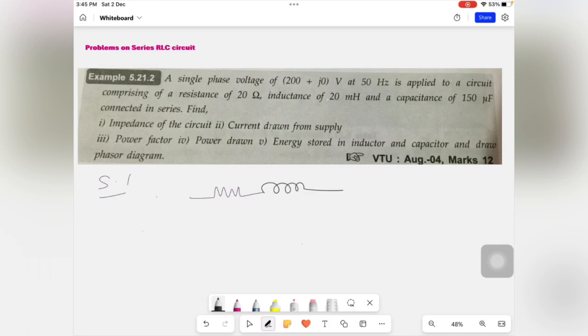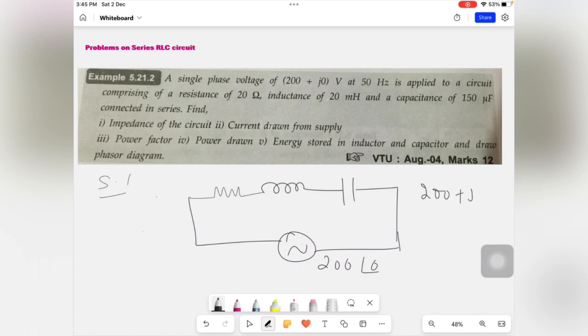Then L, then C is connected across an AC circuit which contains all the three elements. And what is the voltage given? It is given in rectangular form, so it is nothing but 200 at an angle 0 in polar form. You can also write 200 plus J0, both are the same. Its magnitude is 200.